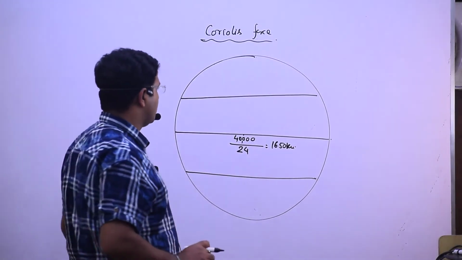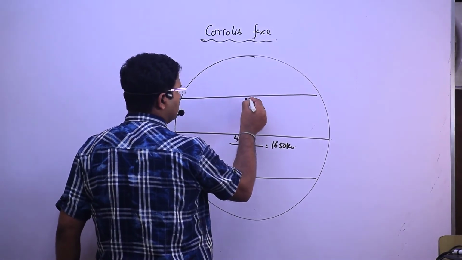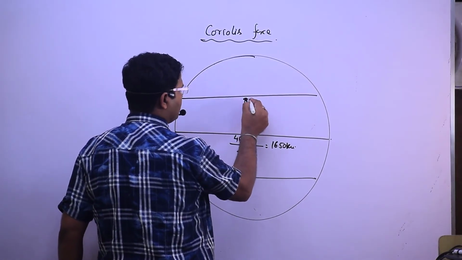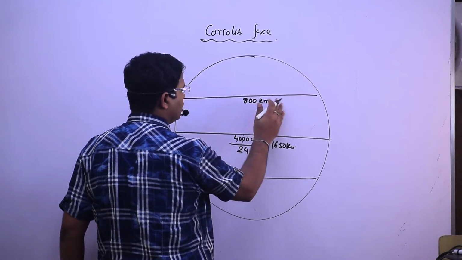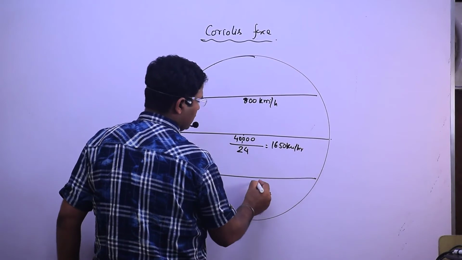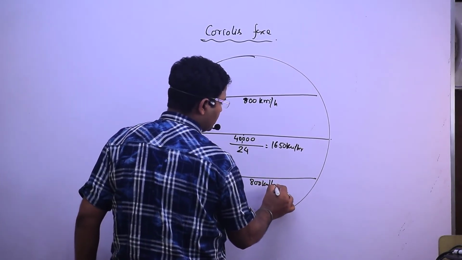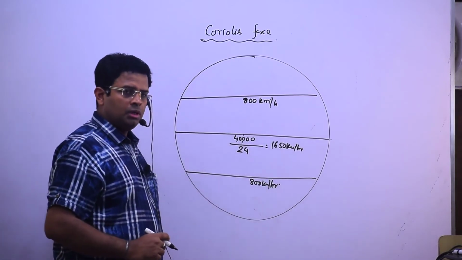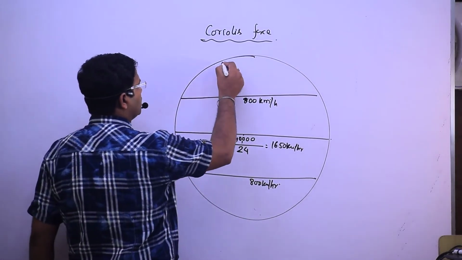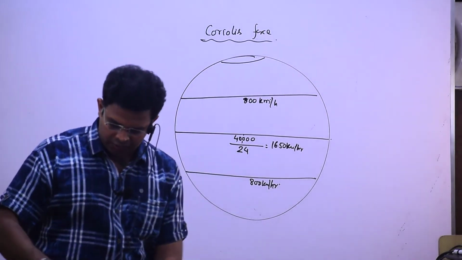And when it has been reduced, then possibly it can be 20,000 kilometers, and the speed can be 800 kilometer per hour. And if I go near to the pole, you will say that it is very less.